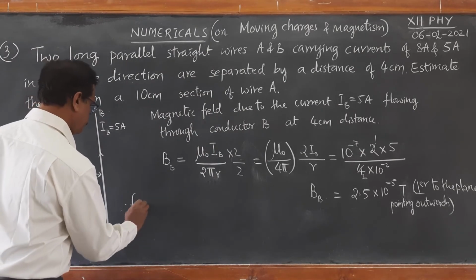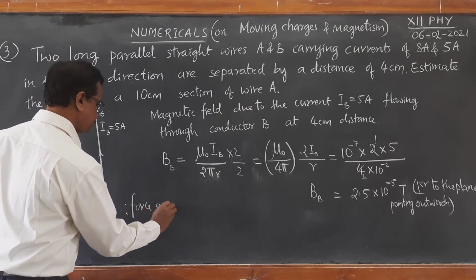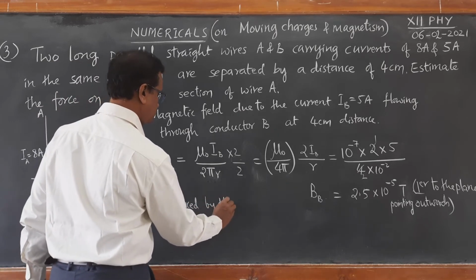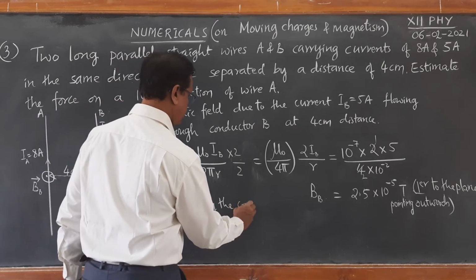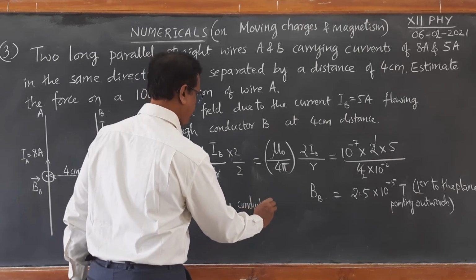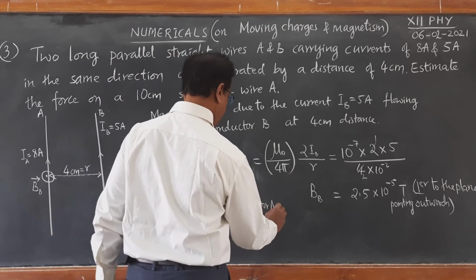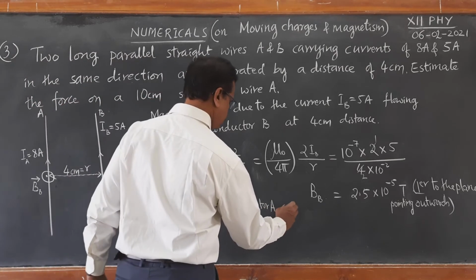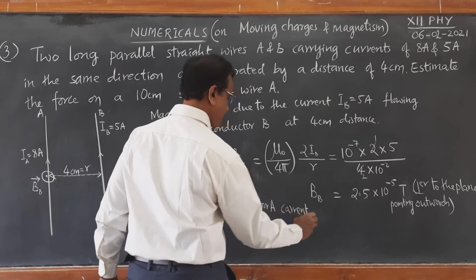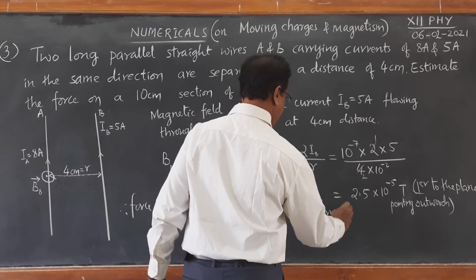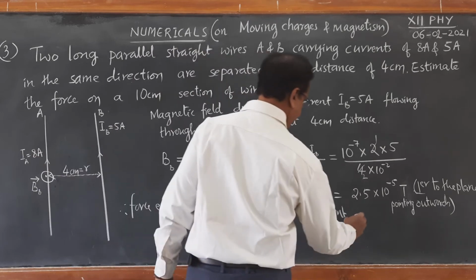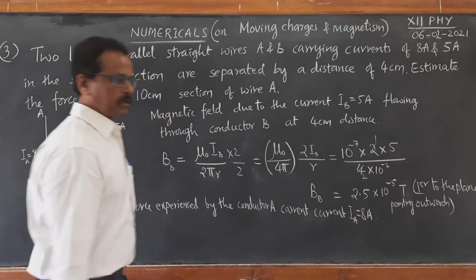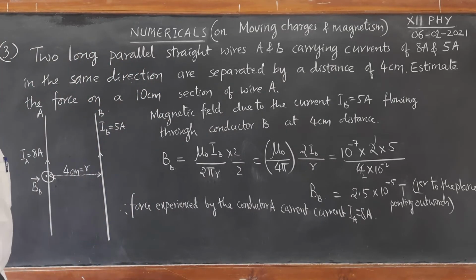Therefore, force experienced by the conductor A, which is carrying current 8 amperes, IA equal to 8 amperes. So again we have to make use of Lorentz equation.